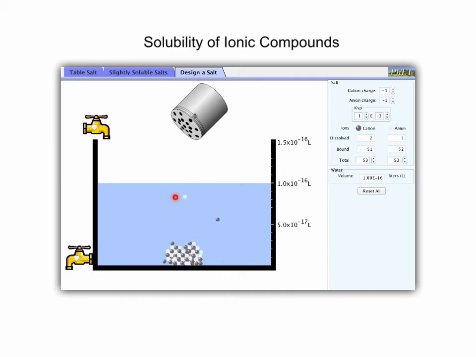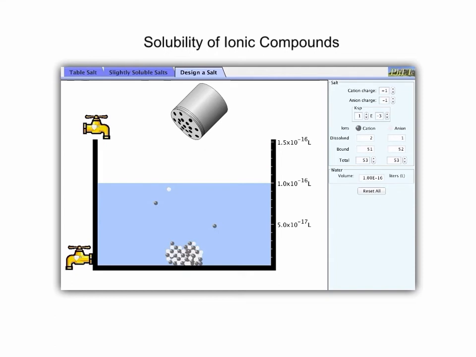Now you'll notice that there are a few ions that are separating. That has something to do with what's called equilibrium, which we'll get to later in the year. But the fact that most of the salt does not dissolve means that the strength of the bonds that hold the positive and negative ions together are stronger than the bonds that water would make with the ions. So the water is unable to separate that ionic compound.